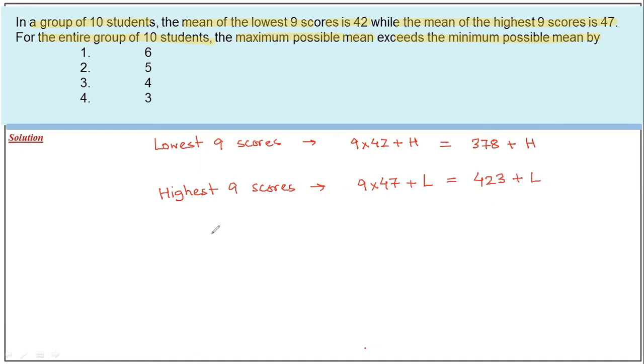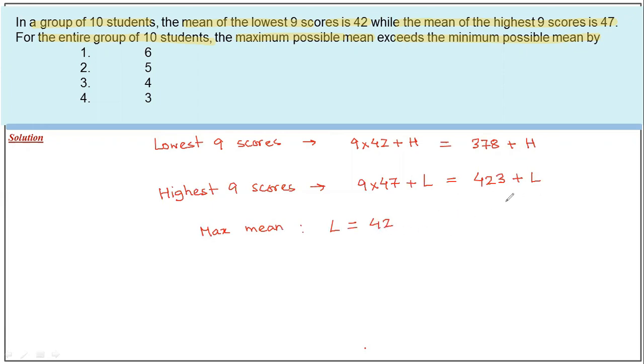Now, maximum mean would be possible when L would be equal to 42. That is the highest among the lowest.